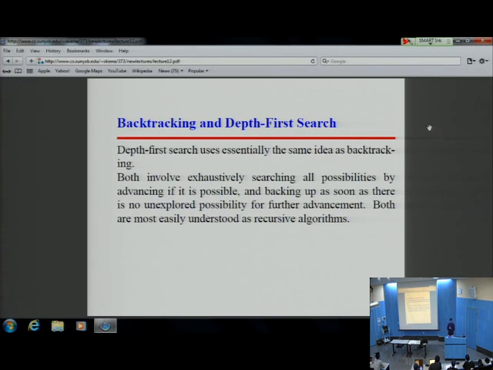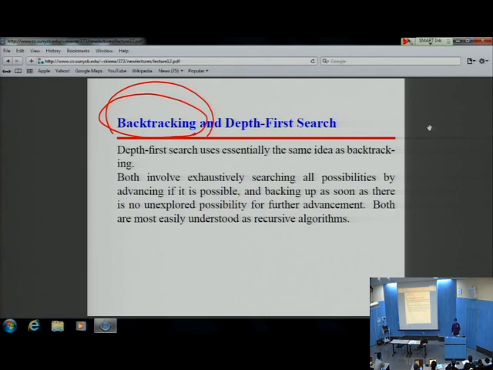A few weeks from now, we're going to talk about exhaustive search procedure, combinatorial search, something called backtracking, which is about enumerating all possibilities. Like, for example, finding all possible traveling salesman tours in a graph. That's something we're going to do via something called backtracking.